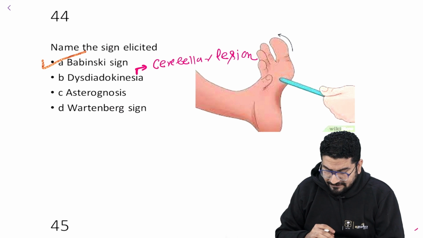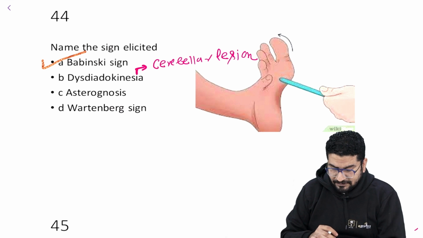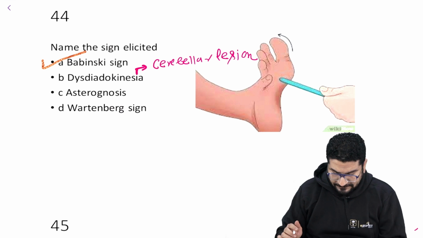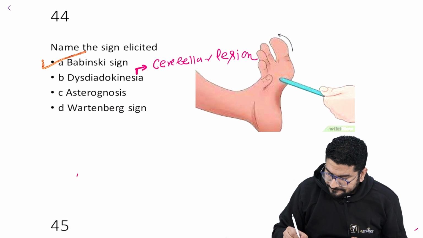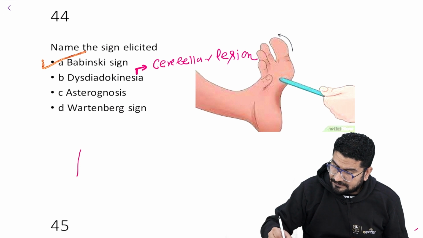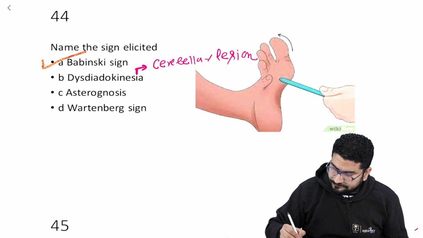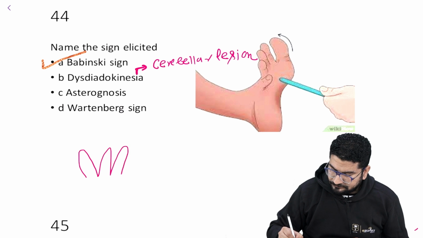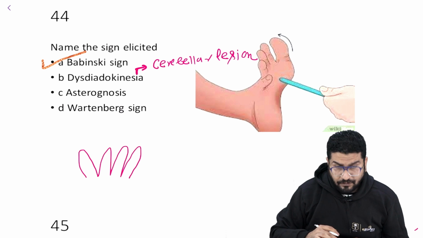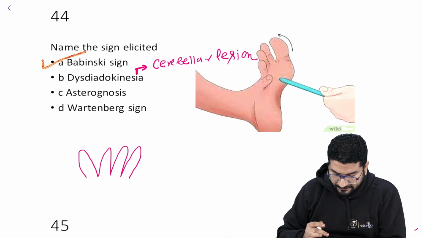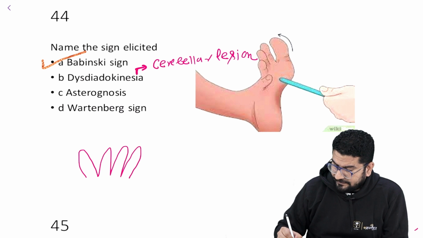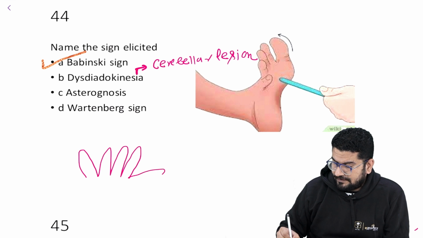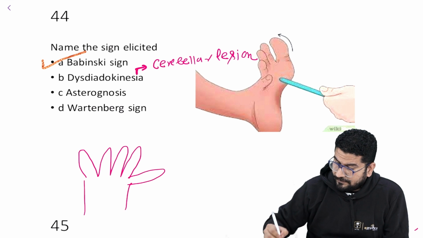And then what we can see is Wartenberg sign. Understand this? What is this Wartenberg sign? You can see this is a sign where, if you see, this is the thumb. So there will be involuntary separation. There will be involuntary abduction of the fifth finger, right? So you can see this fifth finger will be a little apart here, and this is what we call Wartenberg sign.